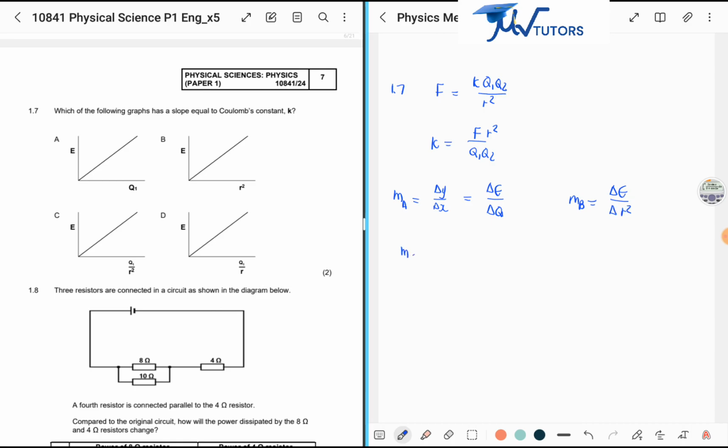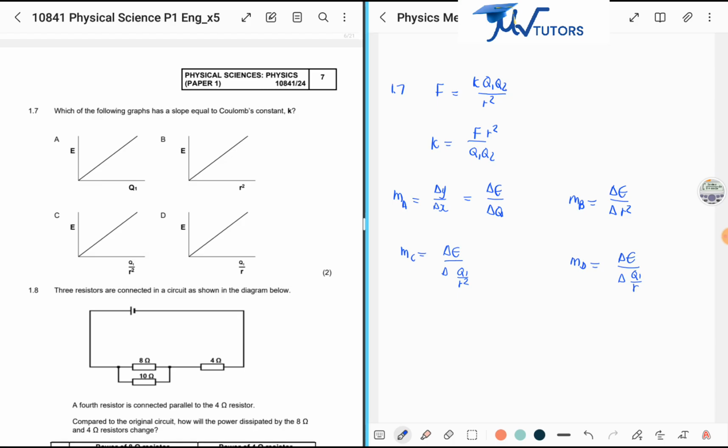If we look at option C, we have change in E over change in Q1 over r squared. And then option D, we have change in E over change in Q1 over R. Okay, so I see E here.